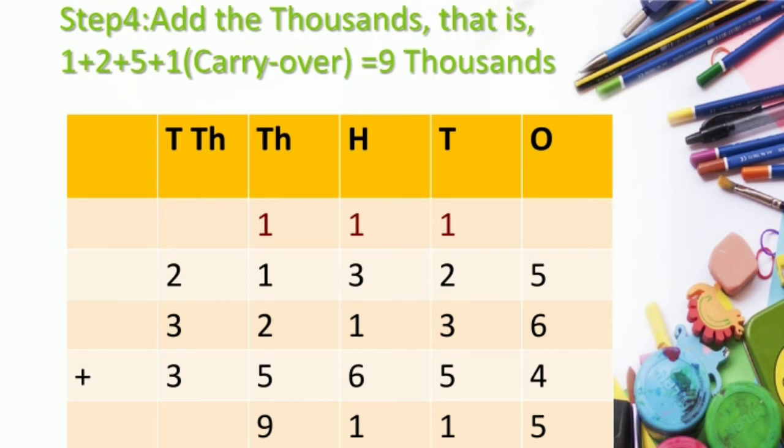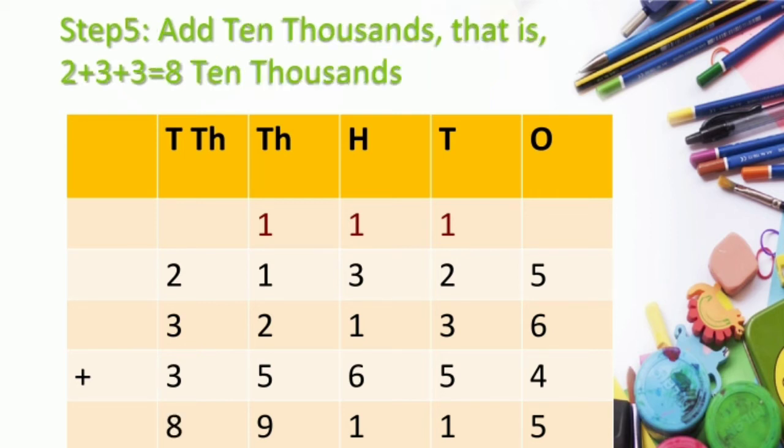Fourth step is add the thousands, that is 1 plus 2 plus 5 plus 1 equal to 9. Write 9 under the thousands place. Fifth step is add the ten thousands, that is 2 plus 3 plus 3 equal to 8. Write 8 under the ten thousands place.